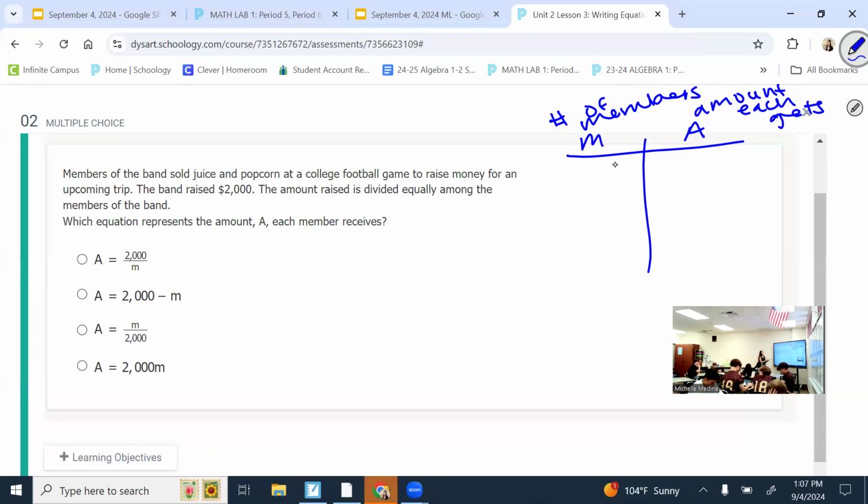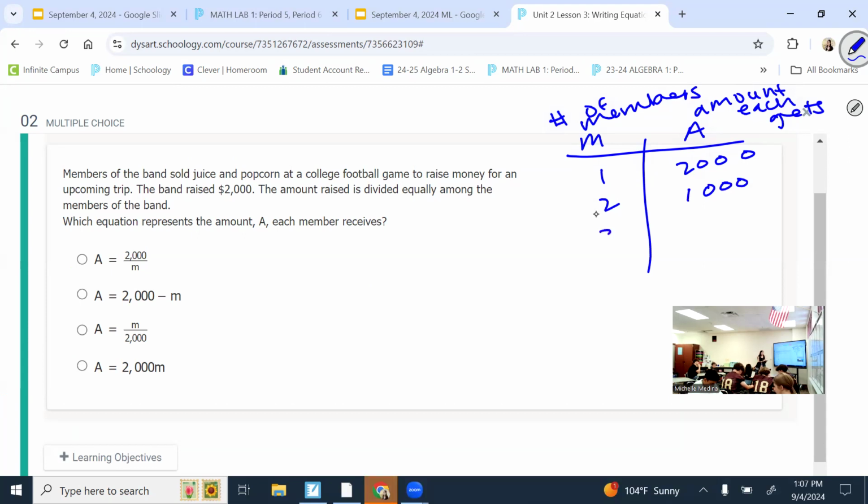So if there's just one member of the band, which there wouldn't be, but if there's just one member, how much would that one member get? Okay, good. If there's 2 members of the band, how much would each person get? There's only 2,000. So they're splitting it between the 2, they would each get 1,000, right? They're splitting them equally among each other.